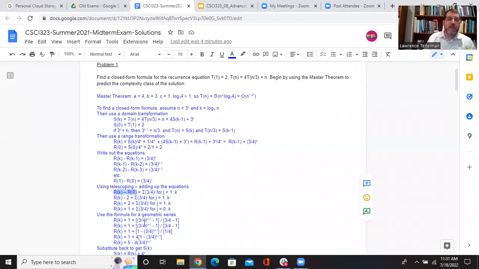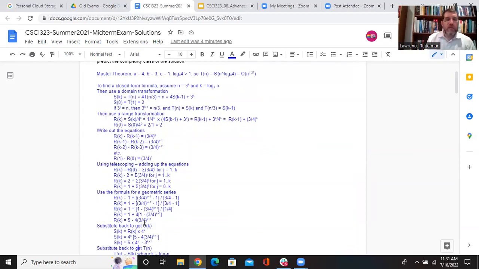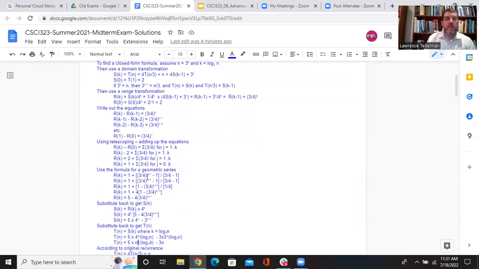So I get a geometric series, and then I work my way backwards. Here's my geometric series, and I just simplify all that. I get this, and then I work backwards. I say, okay, I have R of K equals this, but S of K is equal to R of K times 4 to the K. All right, so where did that come from?